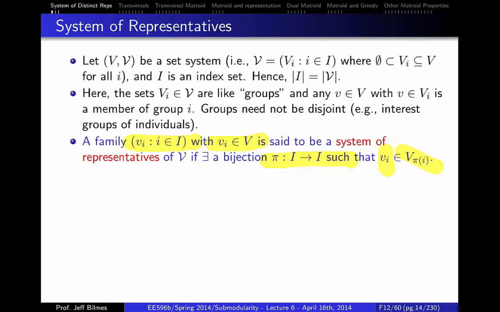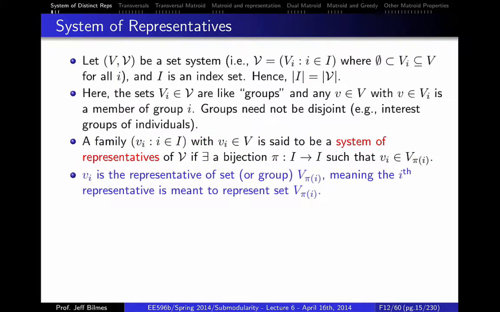And therefore every group is represented. Every group has a particular individual who's its representative. And again, v_i is the representative of group pi(i). So the ith representative is meant to represent V_pi(i). Okay?